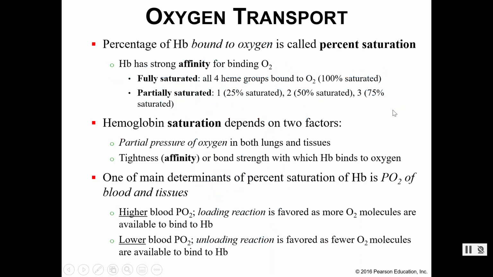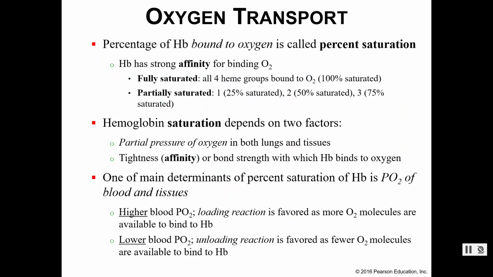All right, so the percent of hemoglobin that has bound oxygen is called percent saturation. Hemoglobin actually has a strong affinity for binding oxygen. It really likes to load up on oxygen. Fully saturated hemoglobin would be 4 oxygens bound, 1 to each of the 4 heme groups.